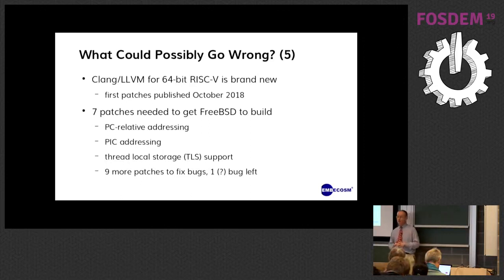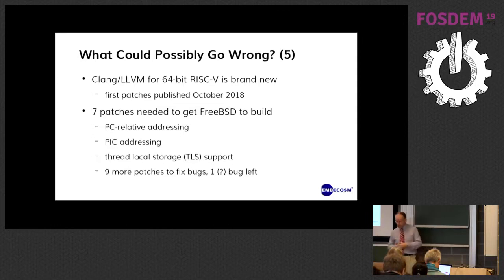So we were trying to work with a Clang that wasn't ready, it was brand new. And we actually had to submit 7 patches just to get a Clang that would actually build FreeBSD. PC-relative addressing wasn't working, position independent code wasn't working, thread local storage wasn't working. So that got us to the stage where you can build.